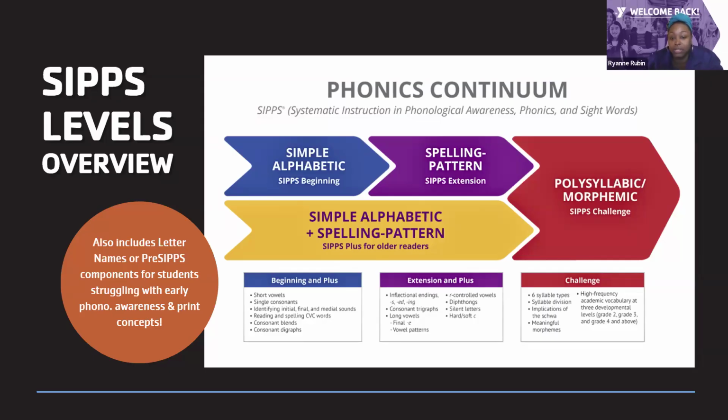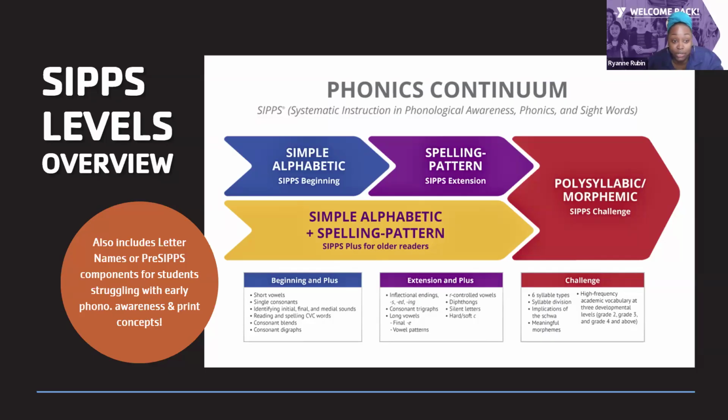But challenge is going to be your syllables, meaningful morphemes, academic vocabulary. You're looking at suffixes and prefixes, schwas. You're going to get into a lot more information on how to manipulate words and build them through challenge.